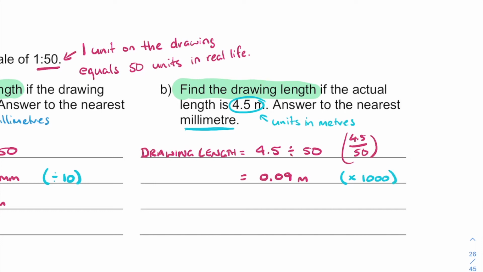We're going from big to small with the drawing length, and with the units we're going from big to small as well, but we're going to have more of them. When we're talking about our units, it's how many of them that we're going to have. So I times that by 1,000 and I get 90 millimeters. So if I had a 4.5 meter long section in real life, in the drawing it would need to be 90 millimeters, or 9 centimeters even. That is how we do this.